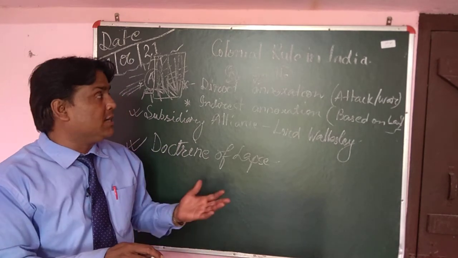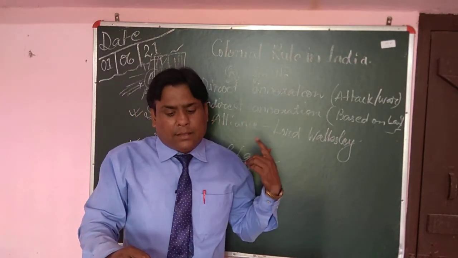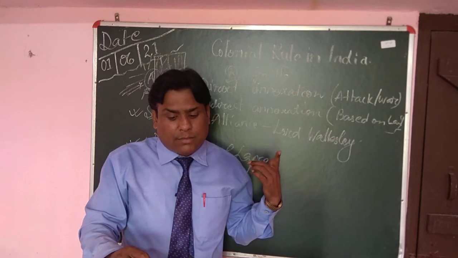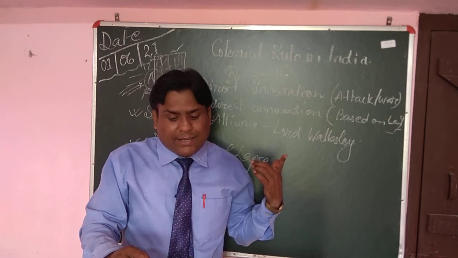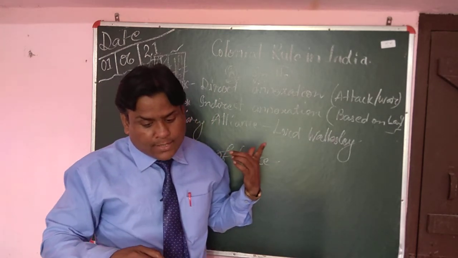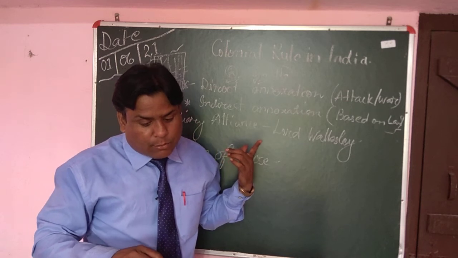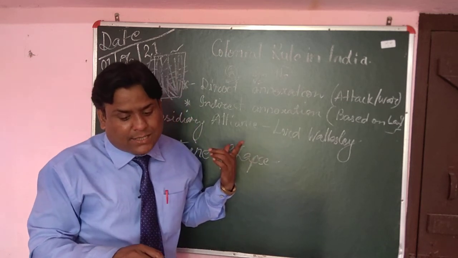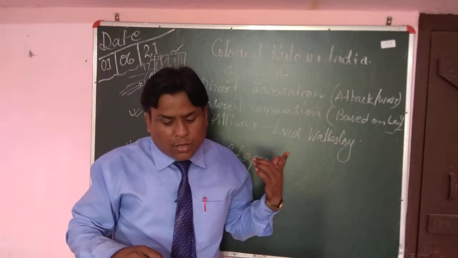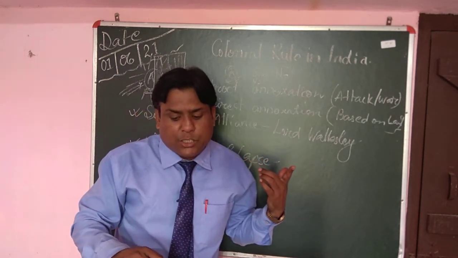On this basis, they annexed how many kingdoms, how many territories? They annexed Satara 1848, Jaipur, Sambalpur, Udaipur, Jhansi, Nagpur, which fell victim to this policy of doctrine of lapse.